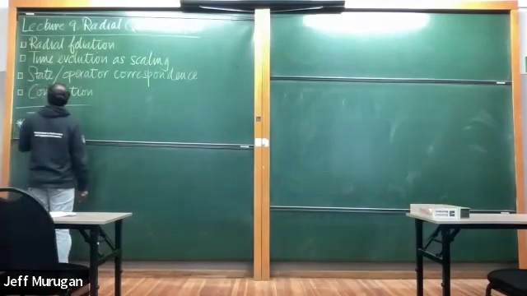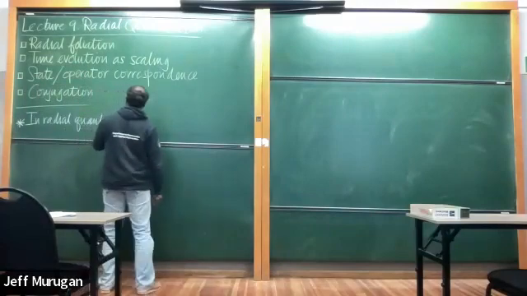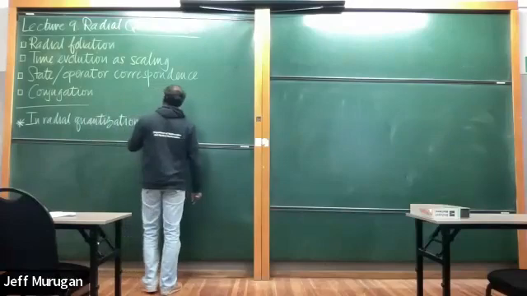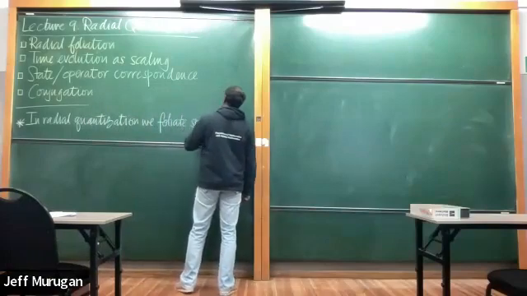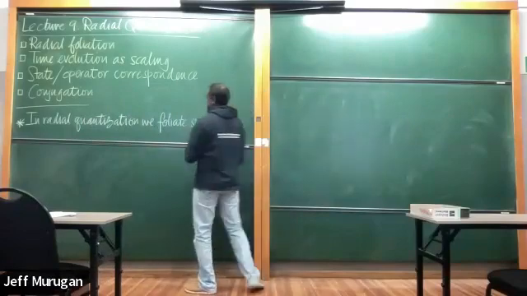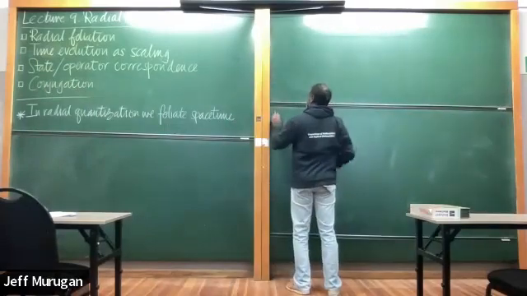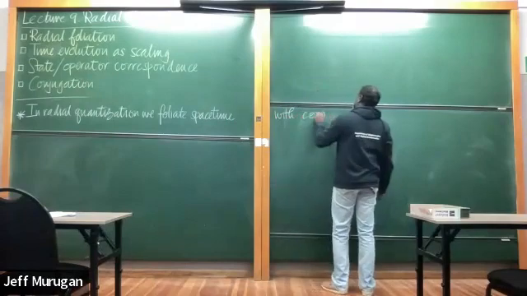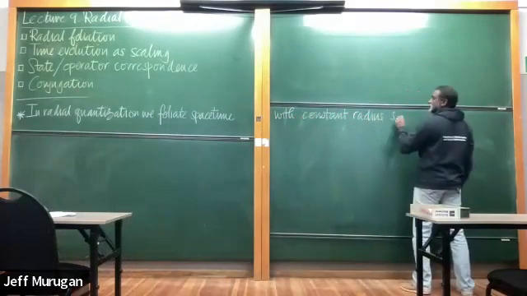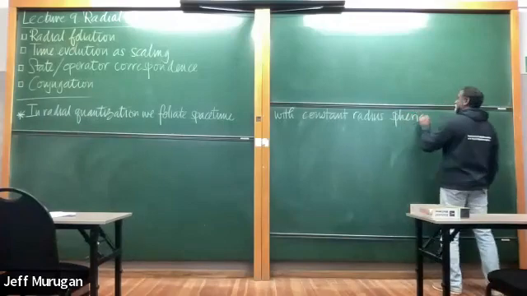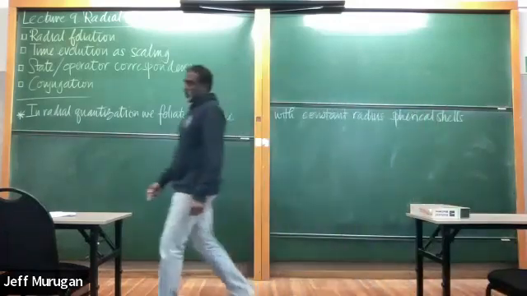So in radial quantization, we foliate space-time with constant radius, let's say R, spherical shells.